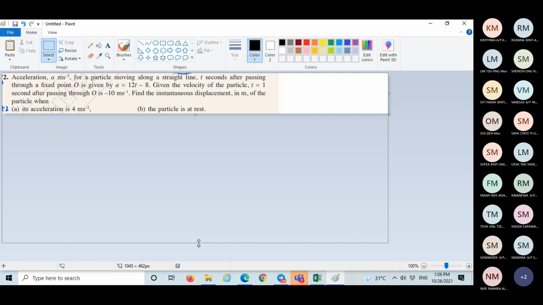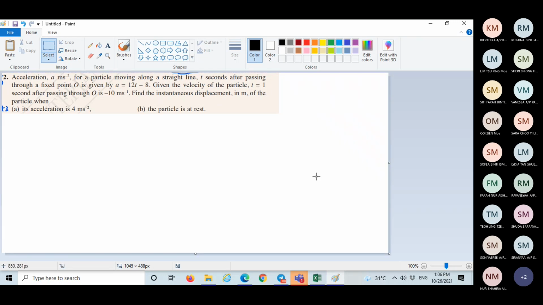Okay, look at question number 2. Again, acceleration is given. t is the time after passing through a fixed point O. The velocity of the particle at t equals 1 second after passing through O is negative 10. Find the instantaneous displacement. So they want to find the s.